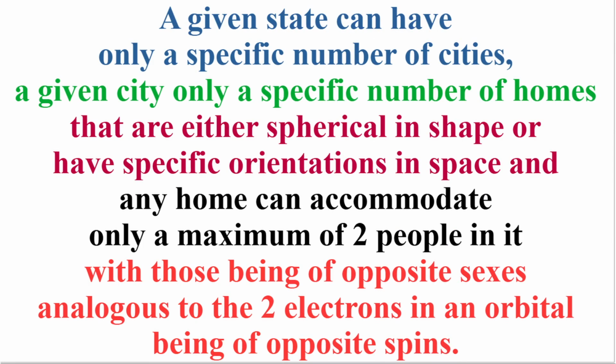The atom is an interesting and a unique country in the sense that a given state can have only a specific number of cities, a given city only a specific number of homes that are either spherical in shape or have specific orientations in space, and finally any home can accommodate only a maximum of 2 people in it, with those being a male and a female analogous to the 2 electrons in an orbital being of opposite spins.